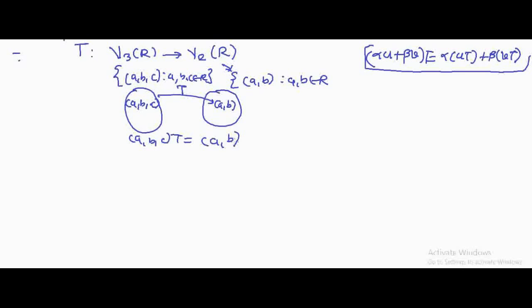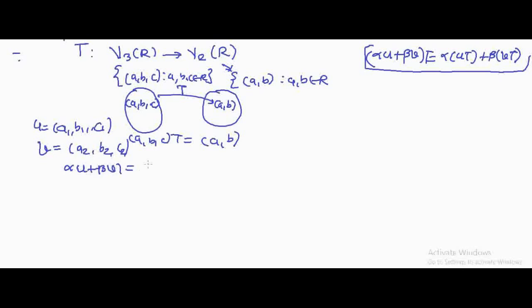To prove this, we need two elements u and v from the set V3. Therefore we take u = (a1, b1, c1) and v = (a2, b2, c2). These are the two elements. Let us calculate alpha u plus beta v.